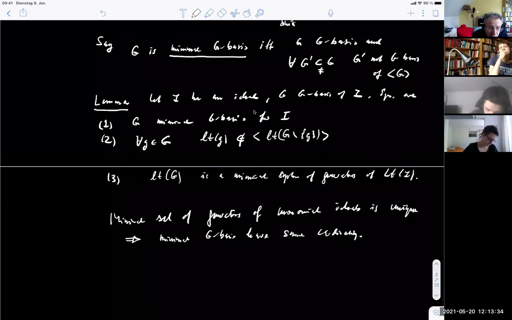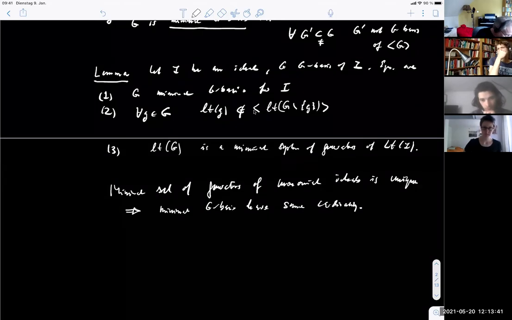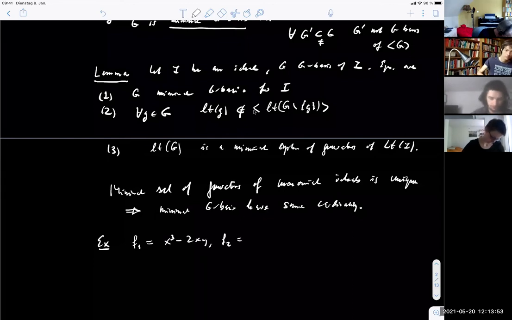Two days ago, we had an example where we actually carried out the Buchberger algorithm by hand. I started with two polynomials, F1 was x cubed minus 2xy, I just put it down again, this was the input, plus x. And we had the graded lexicographic ordering.